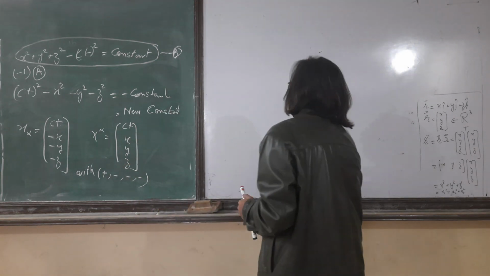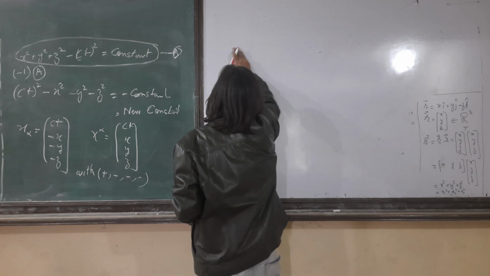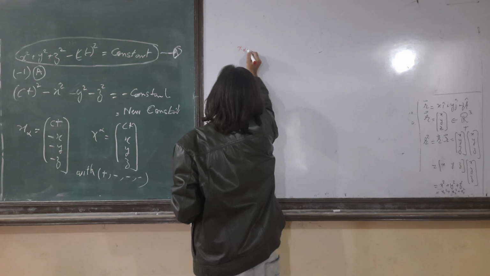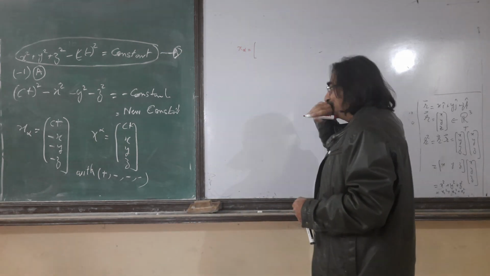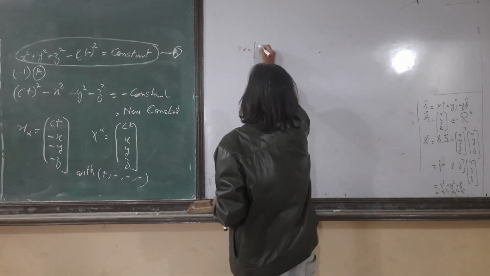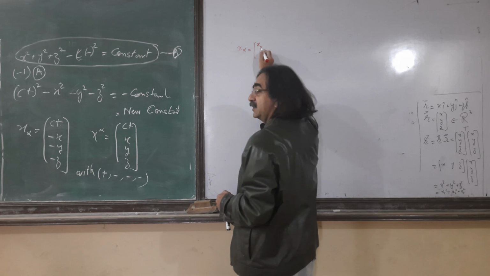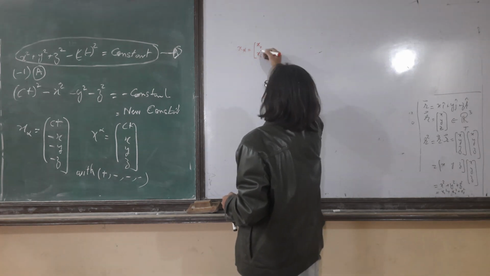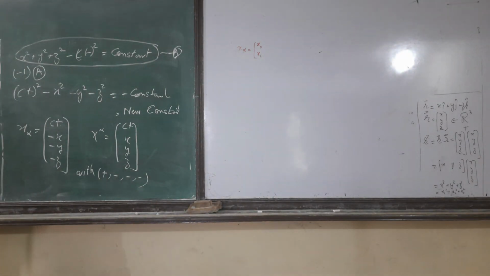So I may say that x alpha is actually x naught as subscript, then xi, because all xi have the same properties. May I write it this way?